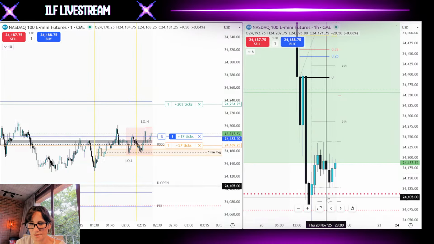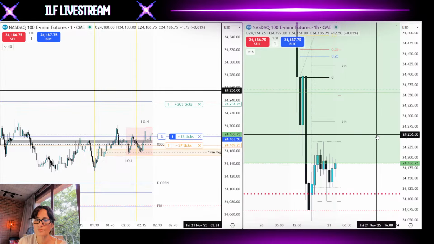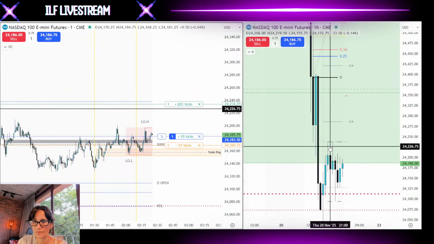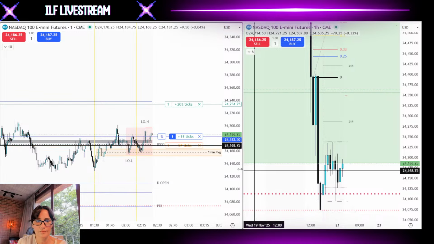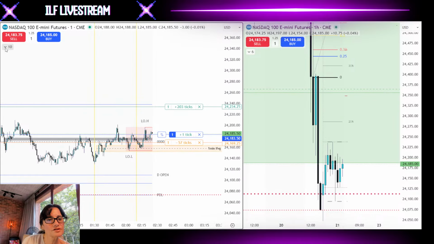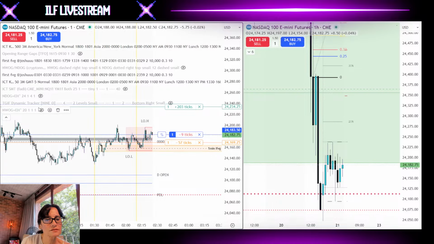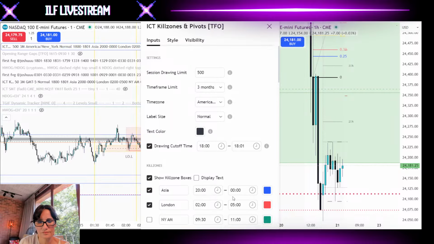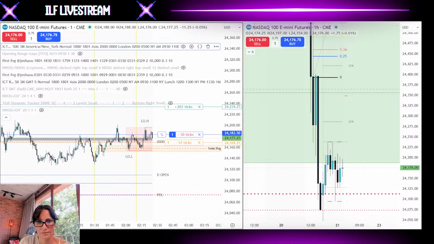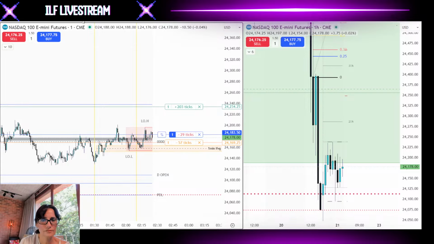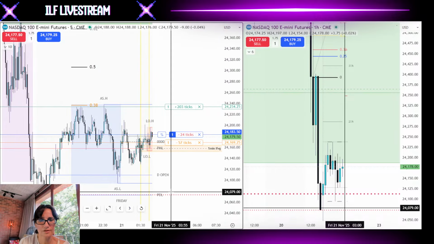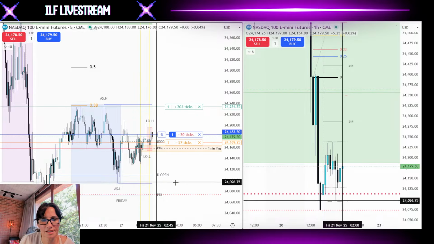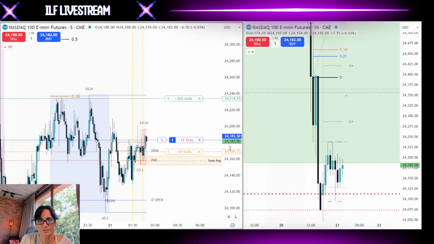What's this level here? This A. Okay, this is Asia. Why don't I have Asia on my chart? Here we go. I just want to show, I want to have Asia on my chart. You see how it just goes back and forth, right?